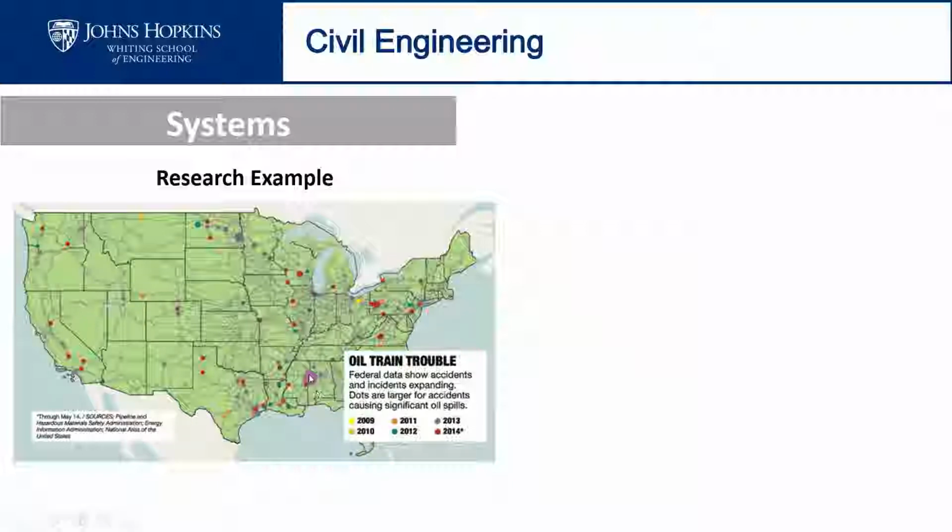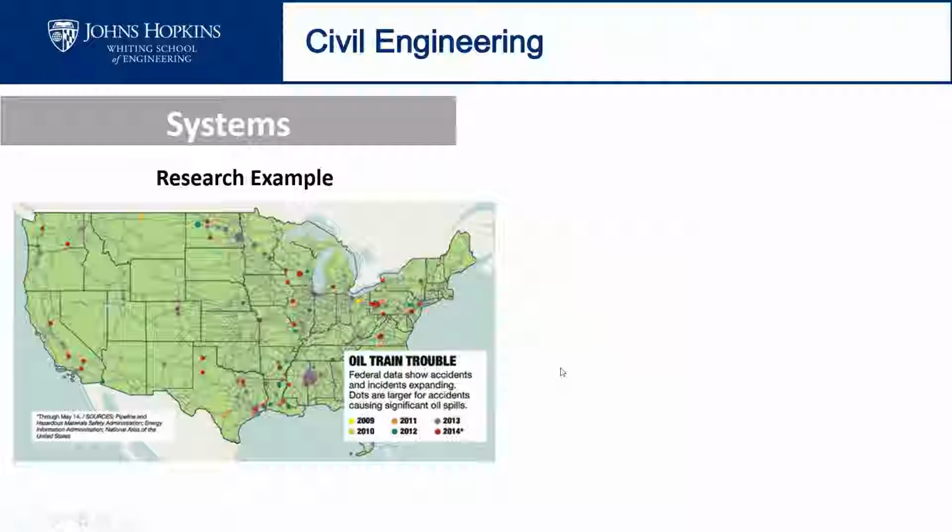Depending on which part of the United States, in Alabama there was a humongous accident that spilled into the river. In Virginia, a spill into the river as well affected drinking water for close to 1 million people. And you'll see these are all over the United States.